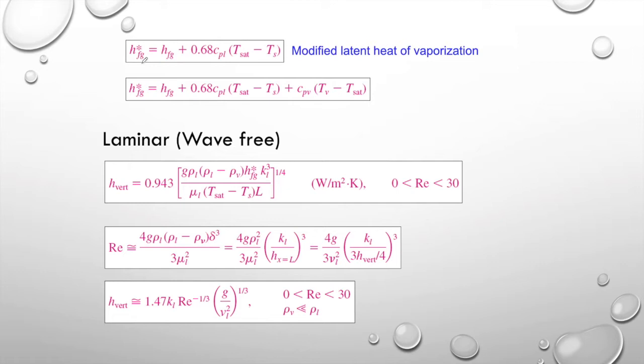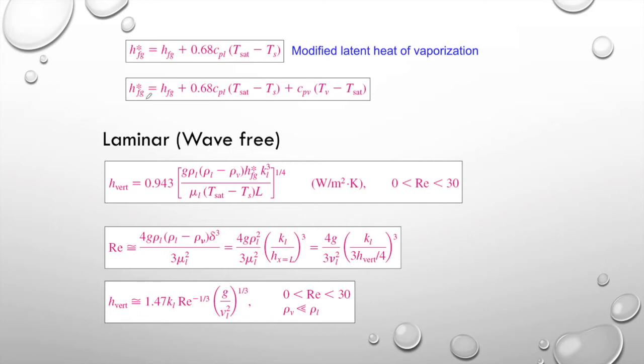If you have saturated liquid problems in your question, then you can use the first h star fg. The importance of h star fg is to find the M dot, since Q dot is equal to M dot h star fg.